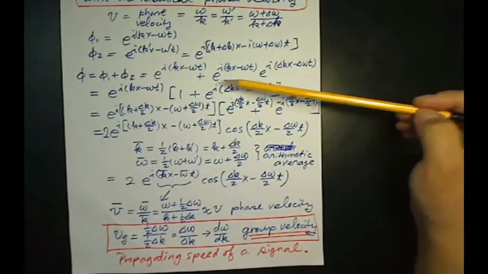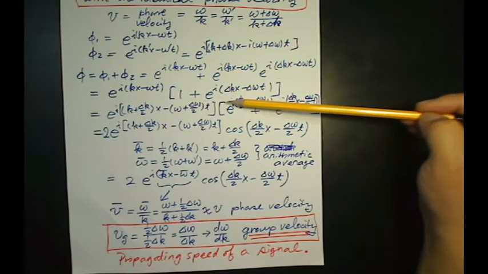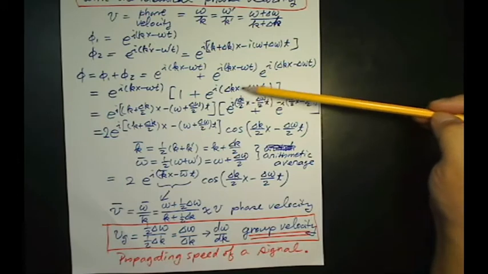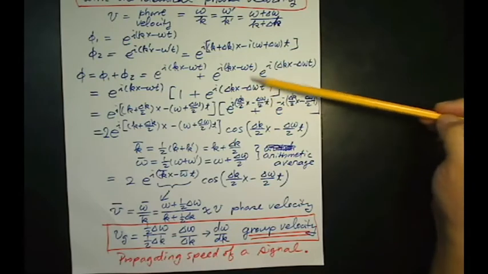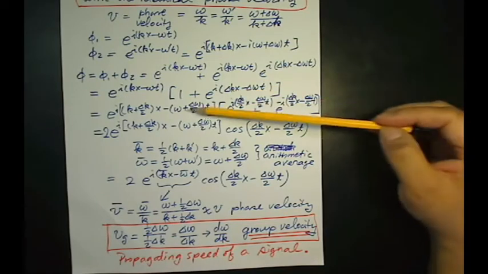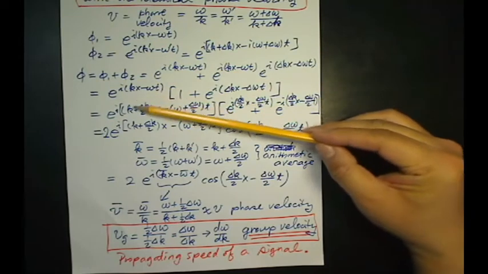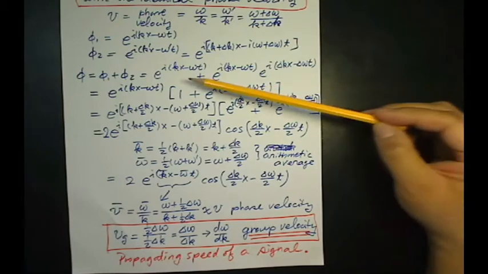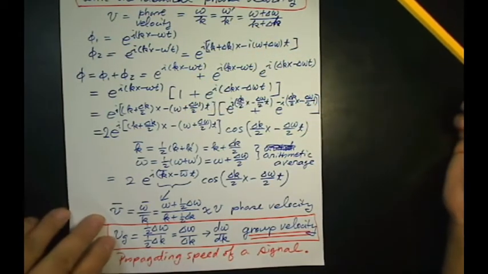If we factor out the common factor, then we have 1 plus something, and this something has the dependence on delta k and delta omega. If we pull out the half phase of this, we have 1/2 of delta k added to the wave number, 1/2 of delta omega added to the frequency.